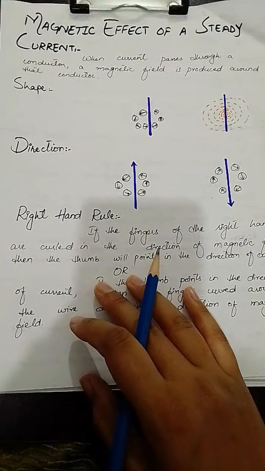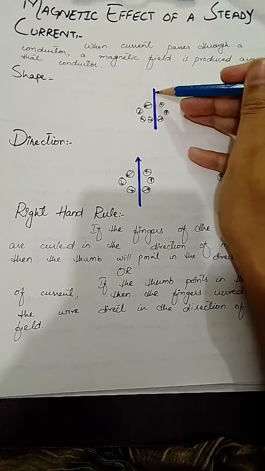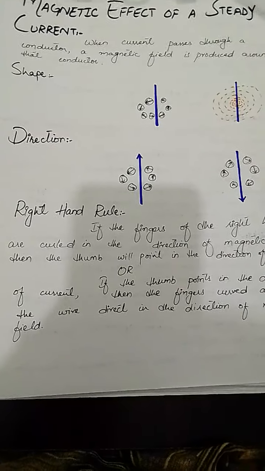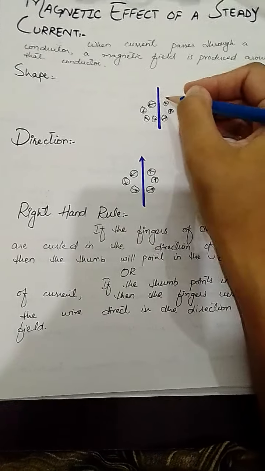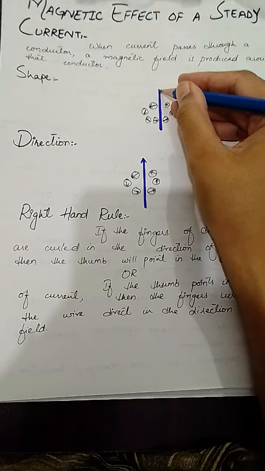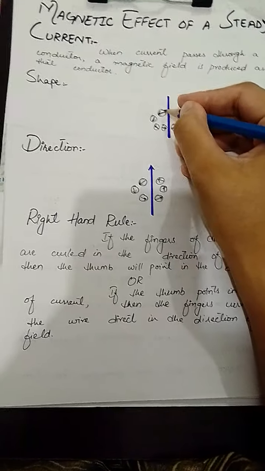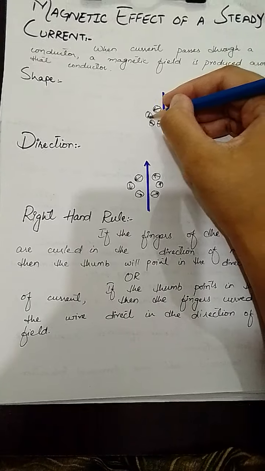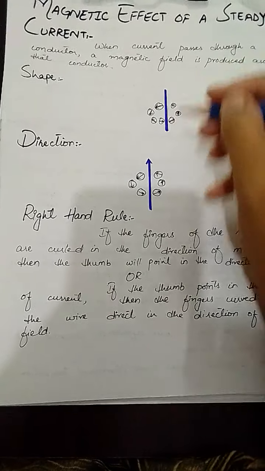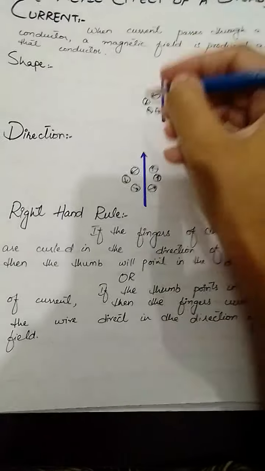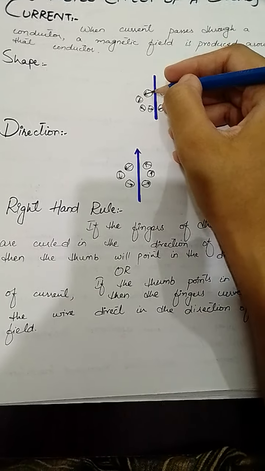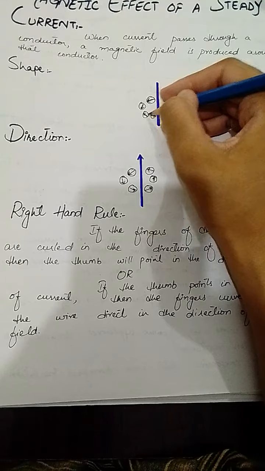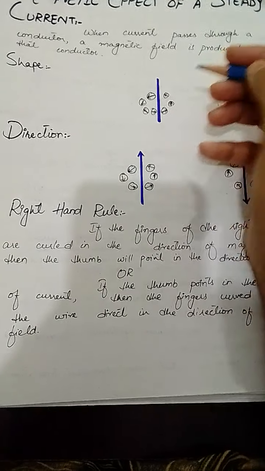First of all, the shape of the magnetic field can be found out by using an experiment where we take a wire and pass some amount of current through it. Then we take small compasses and place them around the wire in a circular shape. The needles of the compasses will be directed so that they all combine to form a circle.